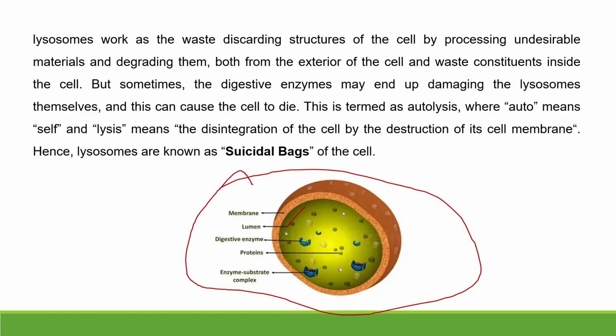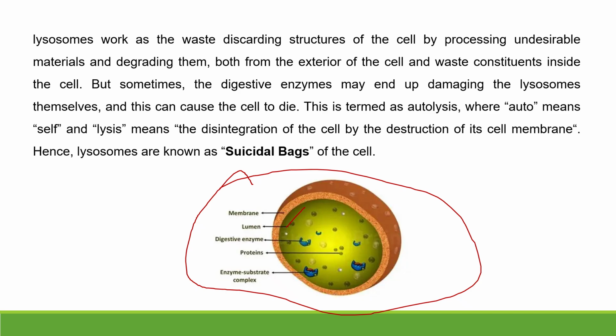So this is another type of mechanism of cell injury or cell death, and it is termed autolysis. Autolysis means the cell itself dying because of the lysosomes present in its own body, the disintegration of the cell by destruction of its own contents. It's very important.